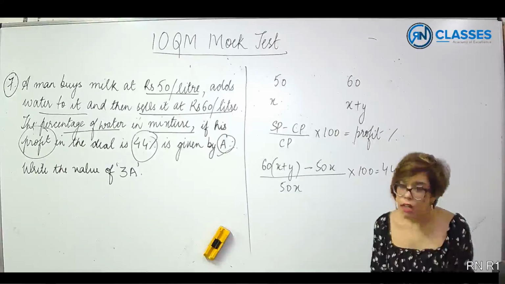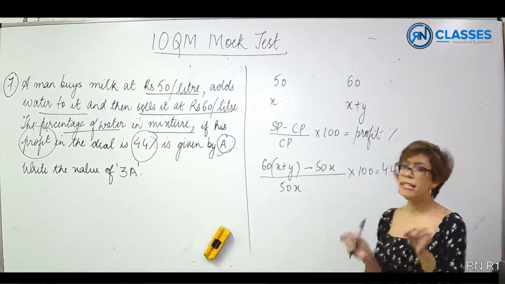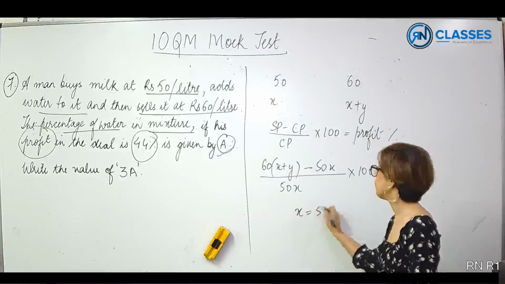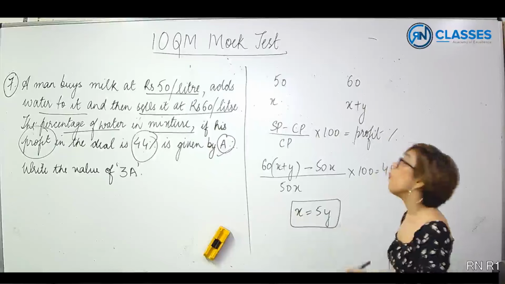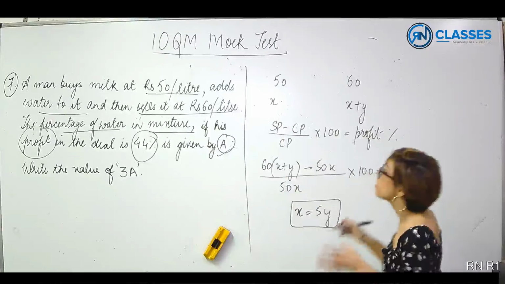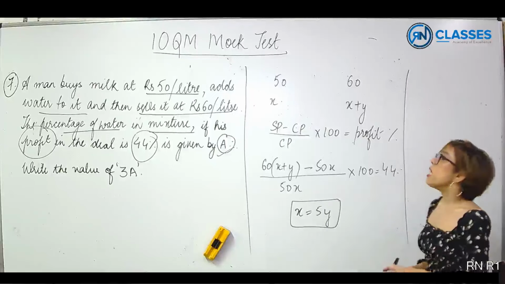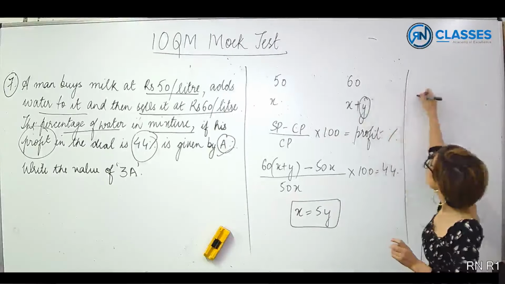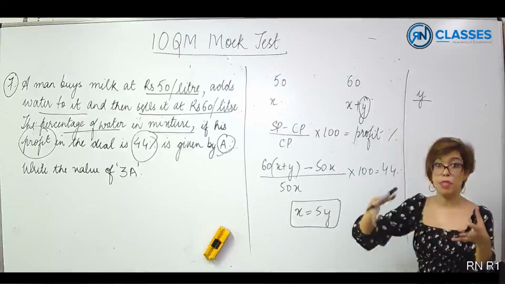We don't even need that. Right? We get a nice linear relationship between x and y. Right? Now, what I need to find out? He says the percentage of water in mixture. Percentage of water. Right? Now, water you added, right? That was what? y liters. Now, in the mixture, what was the amount of mixture?